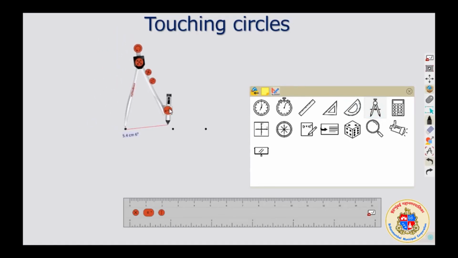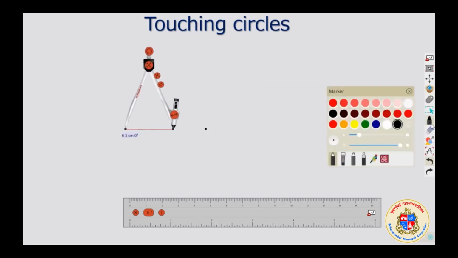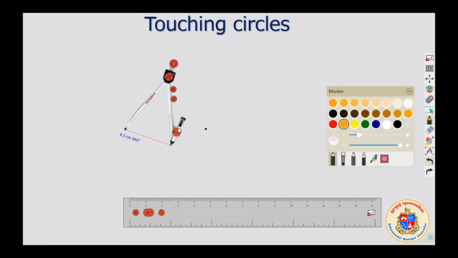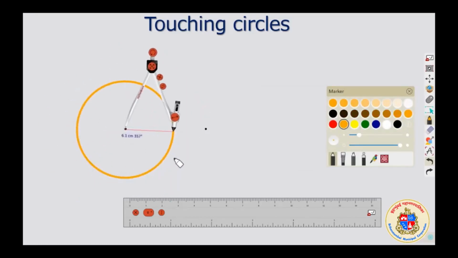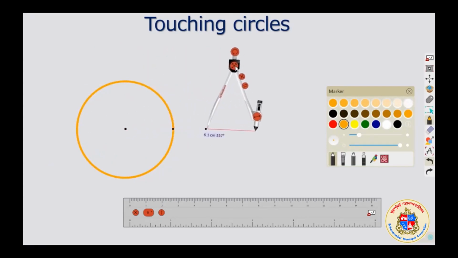In order to see the circle clearly and differentiate the points, let me change the color. Okay, here is one circle which is drawn, and another circle I am drawing by keeping the compass here and taking the distance between the second and third point as radius.